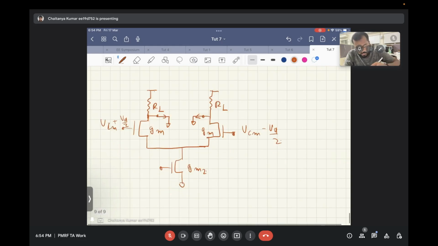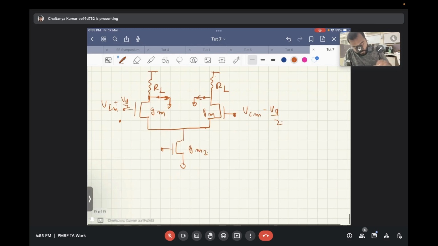In that case, we will have to find the transfer function from input to the short circuit current, and then find the noise power that is going into this short circuit, and then divide the two. Okay, so we will try to follow that.